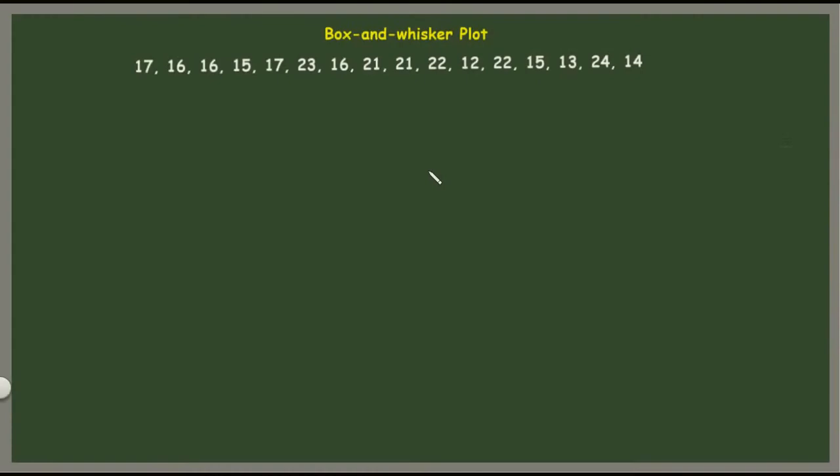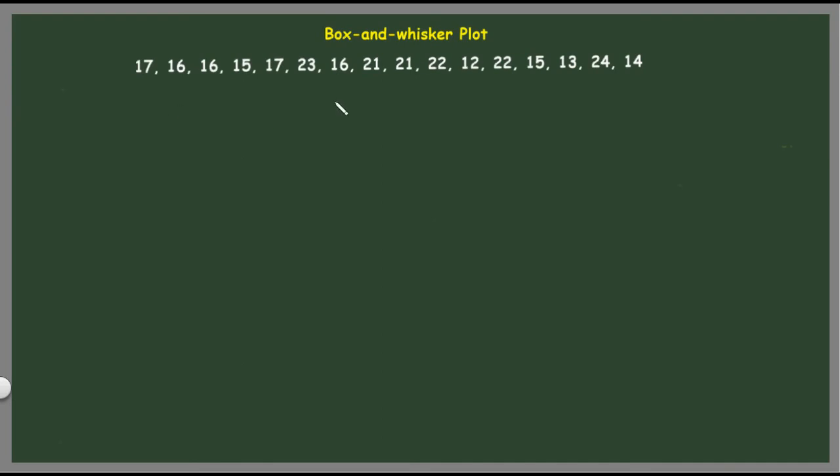Hey, what's up guys? In this video we're going to talk about box and whisker plot, shortly box plot. Just to give you an idea of what it is, box and whisker plot, also known as box and whisker diagram or shortly box plot, is a graphical way of representing statistical measures like median, upper and lower quartiles, minimum and maximum data values.